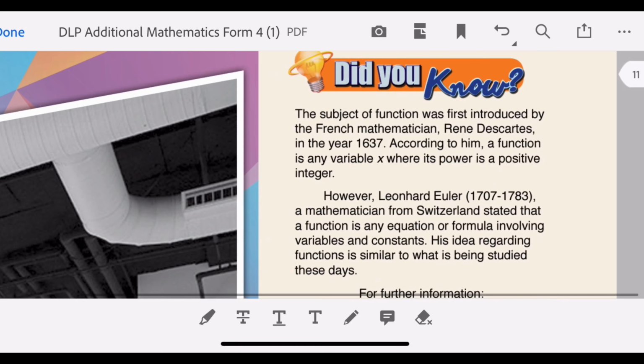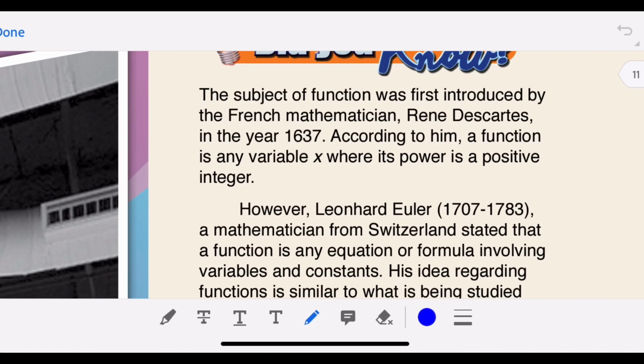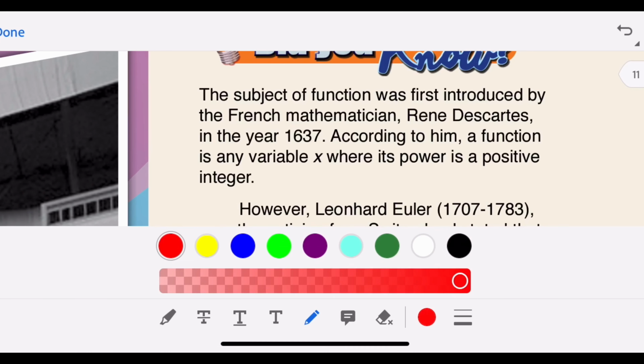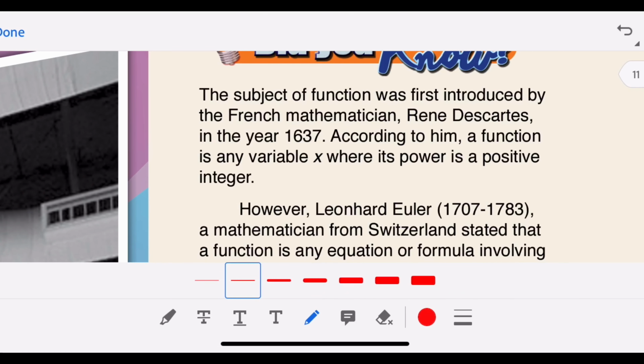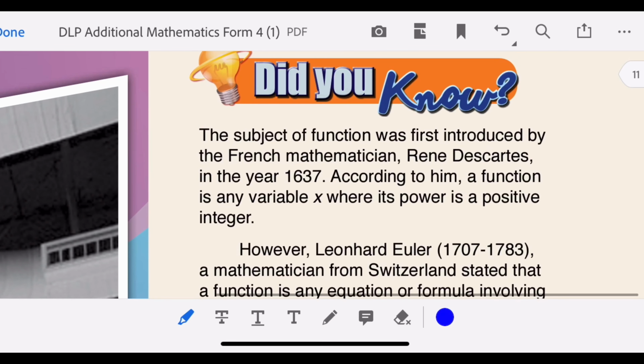Did you know that the subject of function was first introduced by the French mathematician René Descartes?